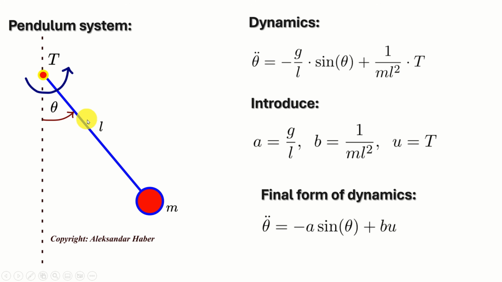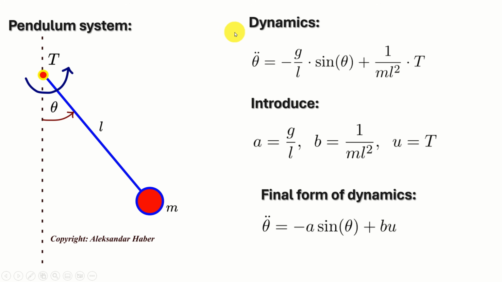The rod can freely rotate around this point. The angle of rotation measured from this vertical axis is denoted by theta. We assume that there is a control torque, denoted by T, that's used to rotate the rod.